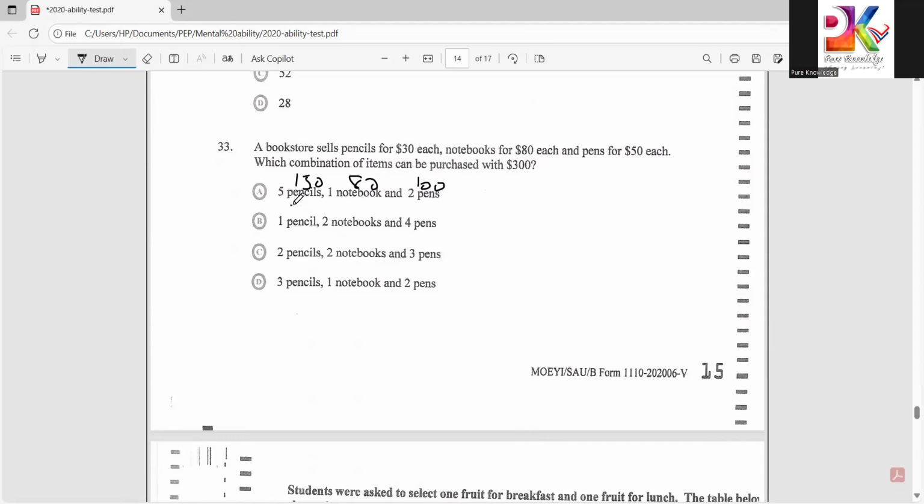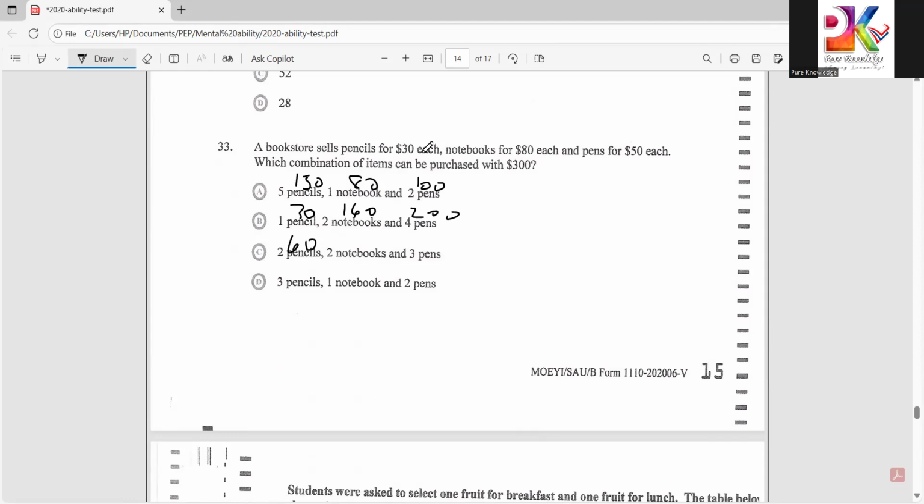One pencil is 30. Two notebooks is 160, so we're at 190 already. And then 4 pens is 200. So that can't work. Then we say 2 pencils is 60.